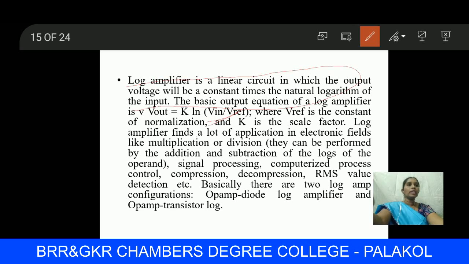This logarithmic amplifier has many applications. In electronics it is used for multiplication or division, and also for signal processing, computerized processes, control, compression, decompression, and RMS value detection.